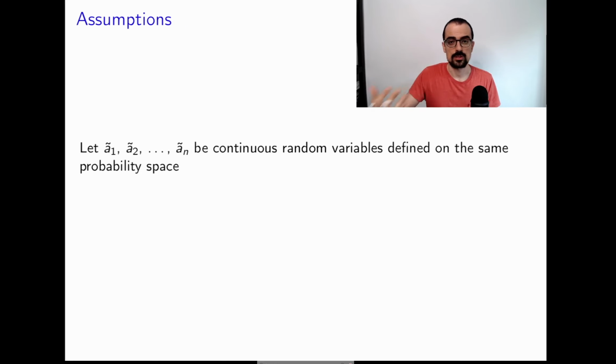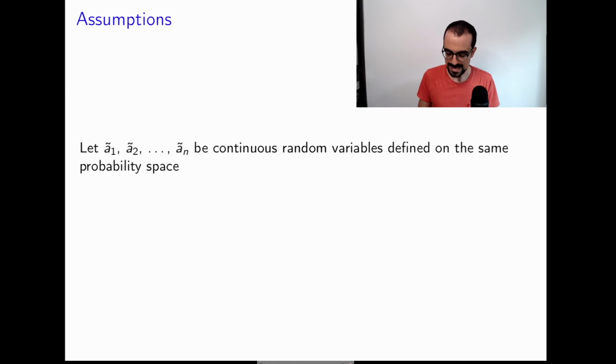Okay, so in order to generalize this reasoning to more data points, we're going to introduce the concept of independent identically distributed random variables for the continuous case. If you remember, we already explained this for the discrete case.